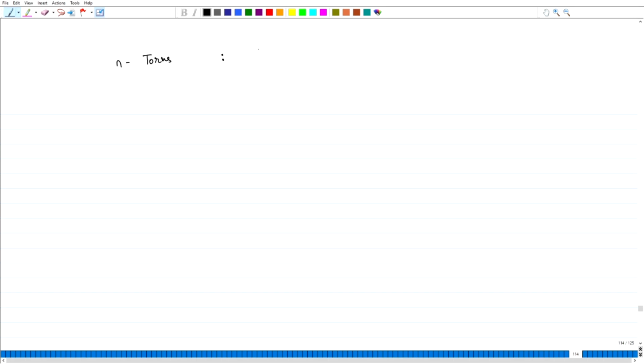So, we will denote it as T n, and this is identified with 0 1 cross 0 1, which we denote the cube of length 1, n times.